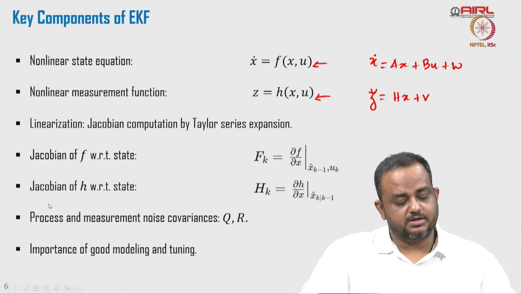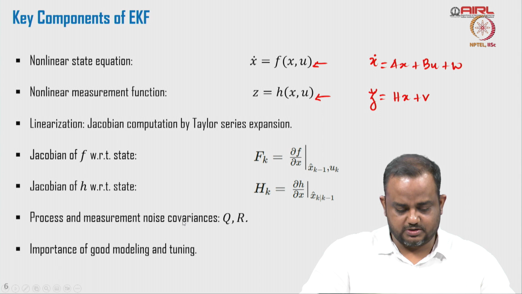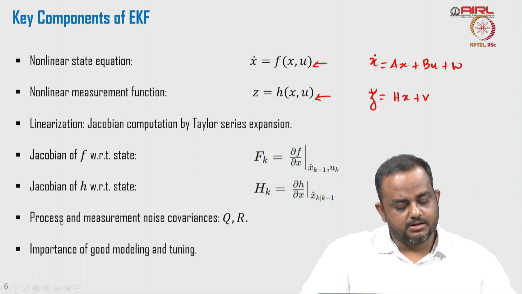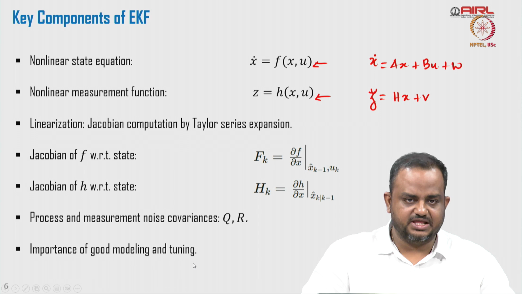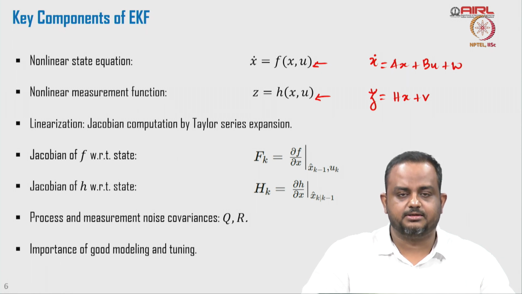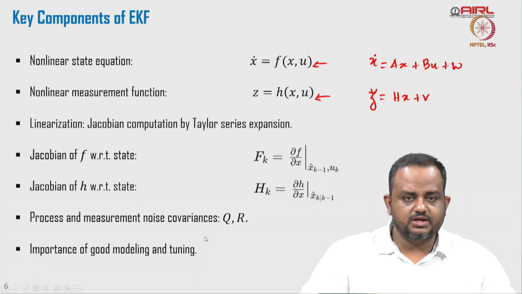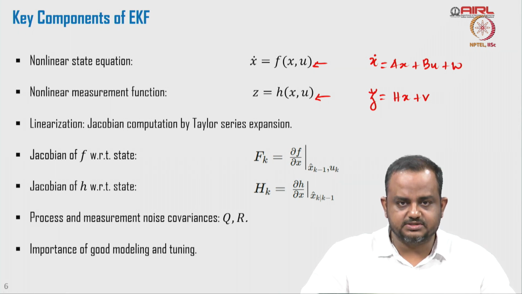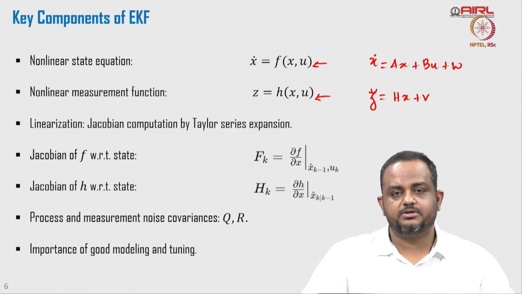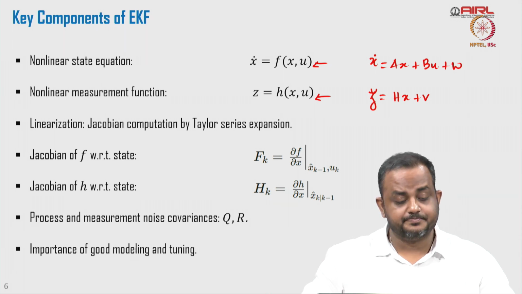We have to specify the process and measurement noise covariances Q and R. So, the importance of good modeling and tuning we cannot ignore, because we have seen in the last lecture 9a that tuning of the Kalman filter, tuning of gains, tuning of the covariance matrices are very important to get proper or desired performance, right.